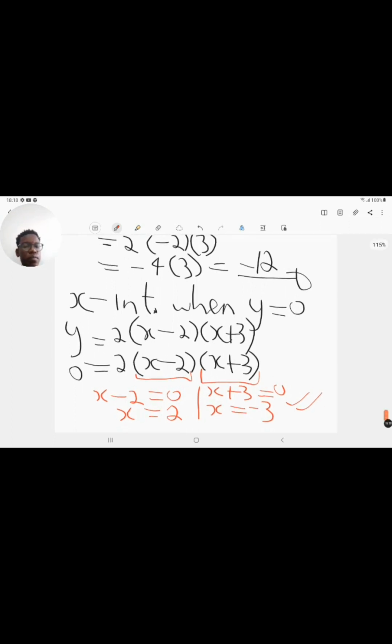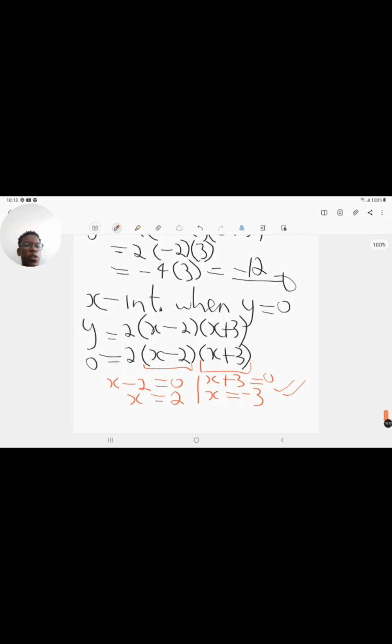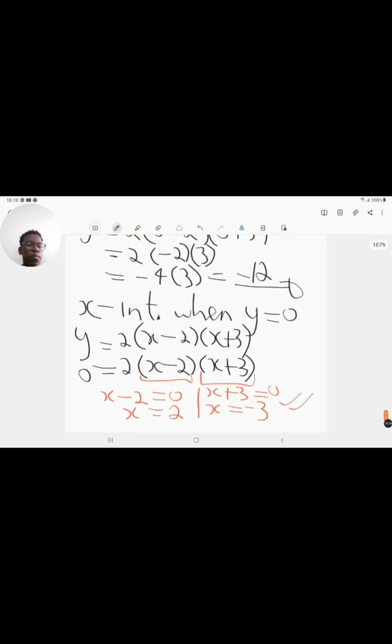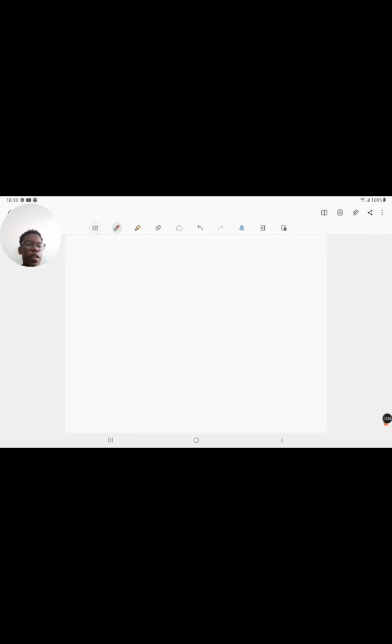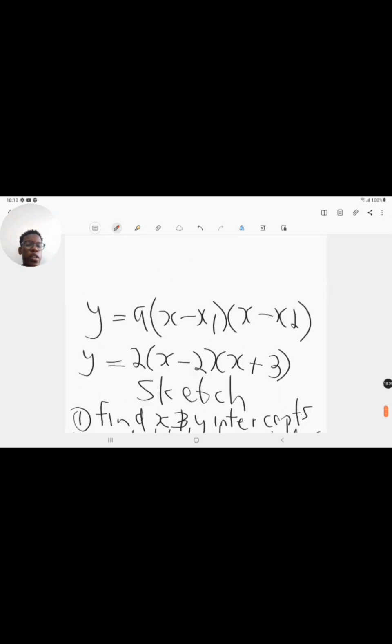Now you can establish the direction and shape of your graph. Remember what our equation is. Our equation is y is equal to 2(x - 2)(x + 3). This is our equation. Now, this is a.